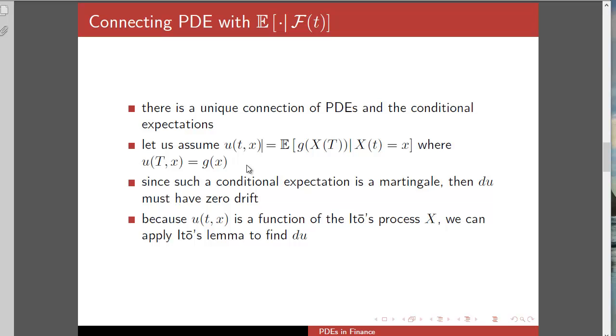And how do we simply define a martingale? Well, a martingale is a driftless process. This means that it has the dt component equal to 0, and because u is a function of the Itô process x and time, we can apply Itô lemma to find du.